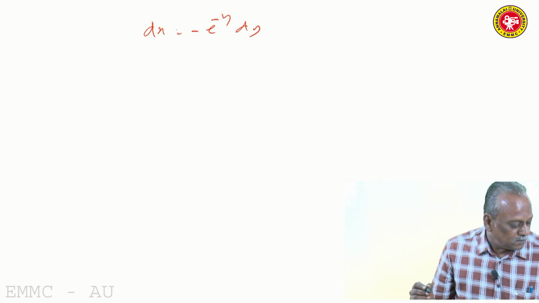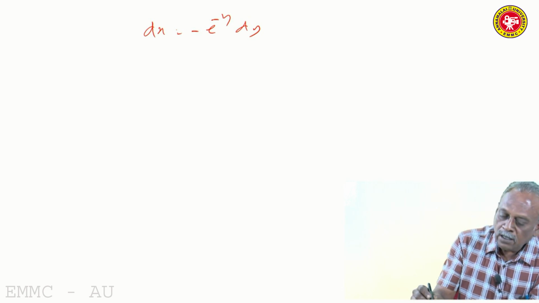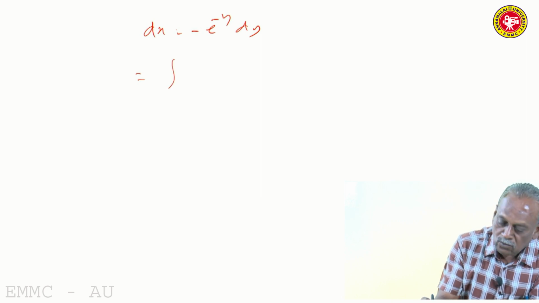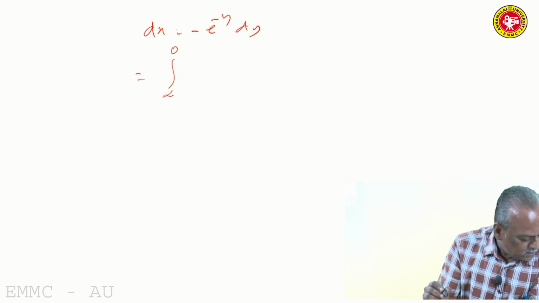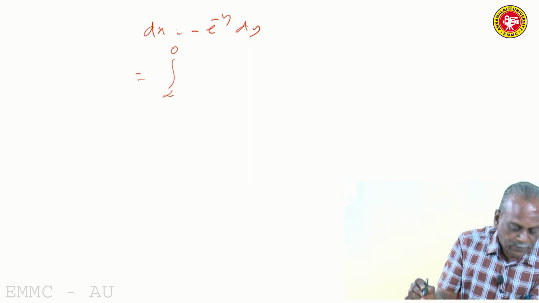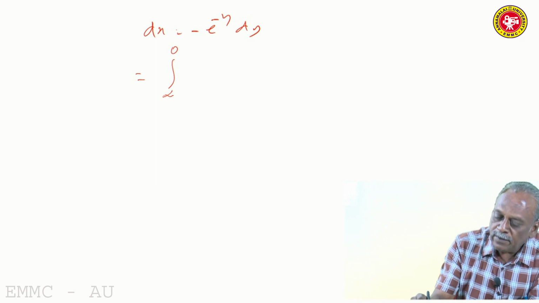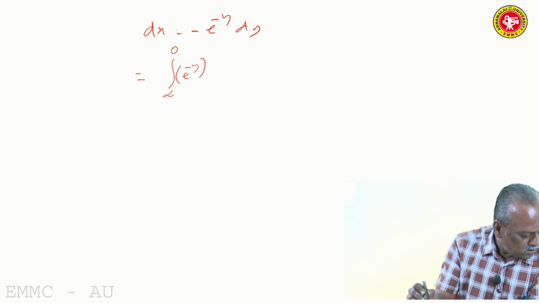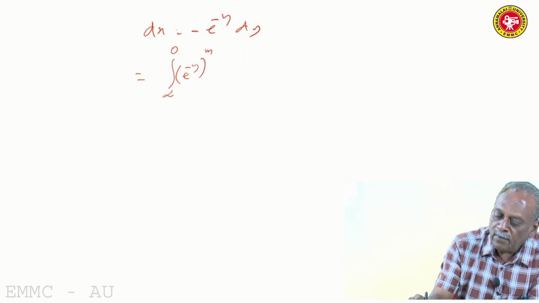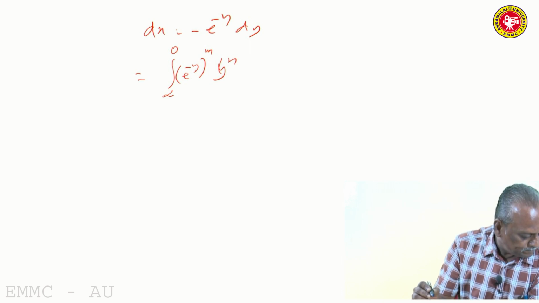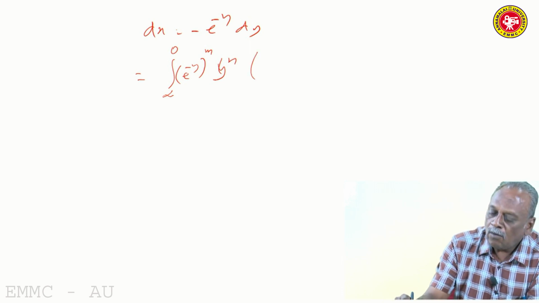So the integral becomes integral infinity to 0 of e power minus y whole power m, y power n, into minus e power minus y dy.